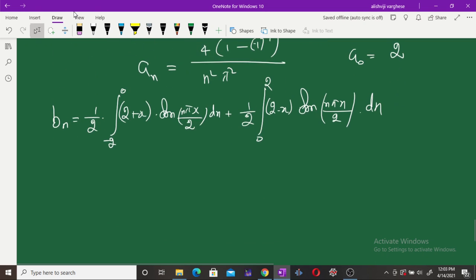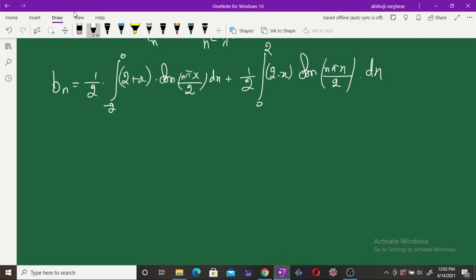Now, by using integration by parts, these two 1 by 2s are taken outside and kept as a common factor.